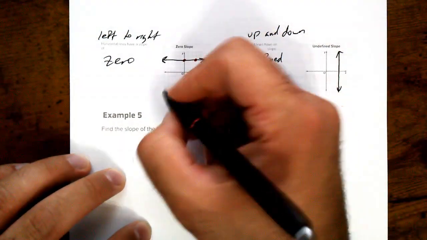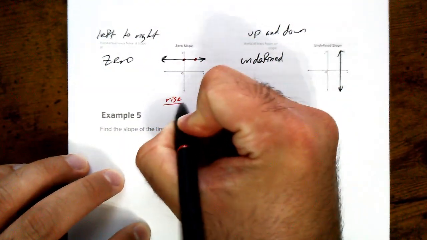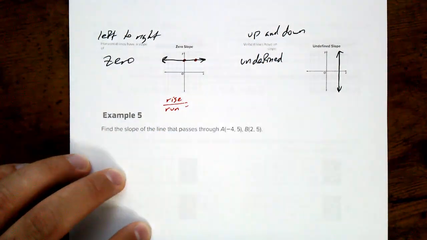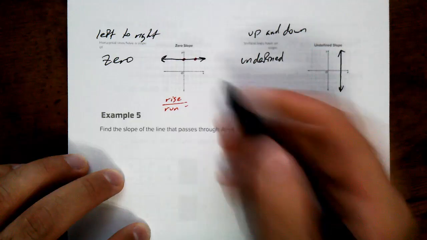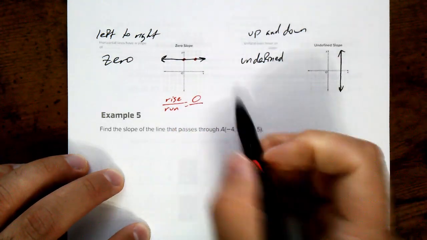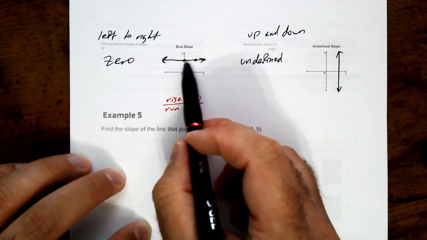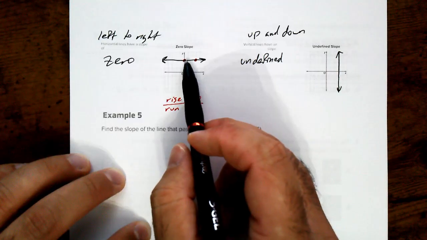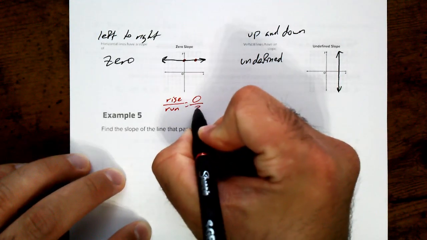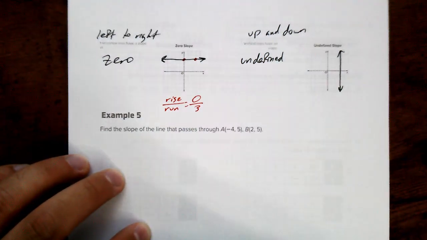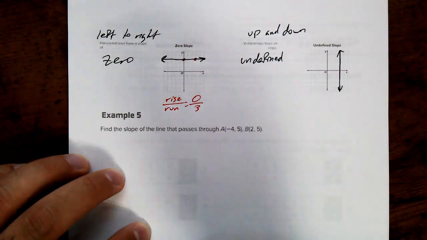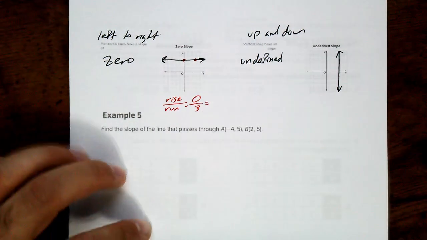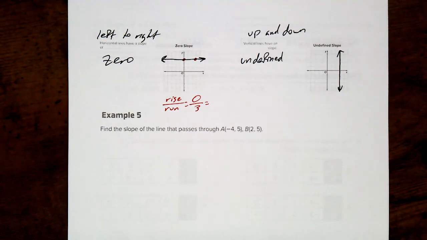We're going to look at our rise over run. Does this go up at all? No. What's the run? How many to the right did we go? In my case, I went over 3. Depending on the points you chose, it could be 3, 4, 2, 1. Doesn't matter to me. What's 0 divided by 3?